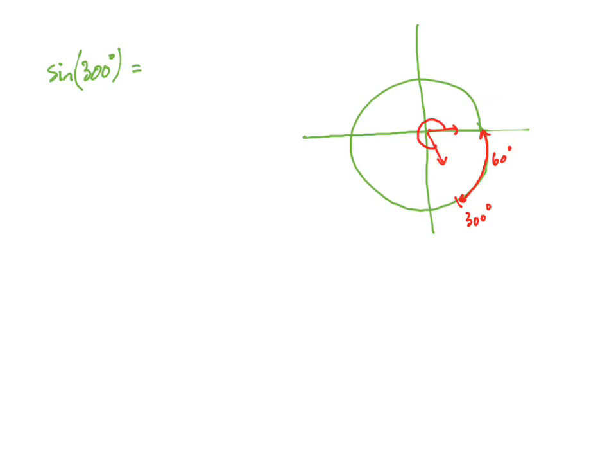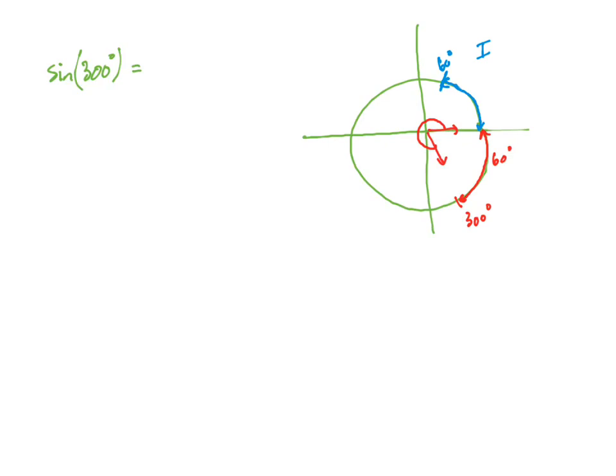So if we think about what the sine value is for 60 degrees, well, 60 degrees is in quadrant number 1. The coordinates for 60 degrees, let me write this a little more precisely. So 60 degrees is up here.